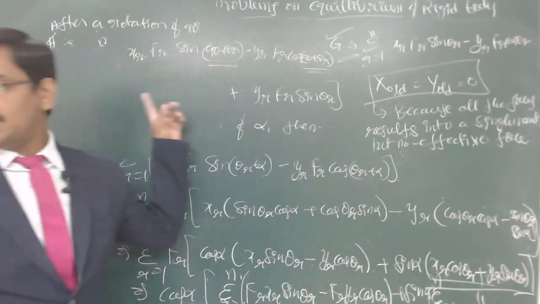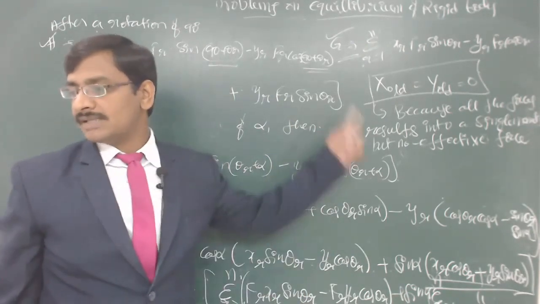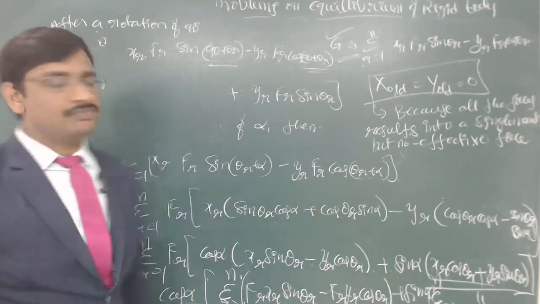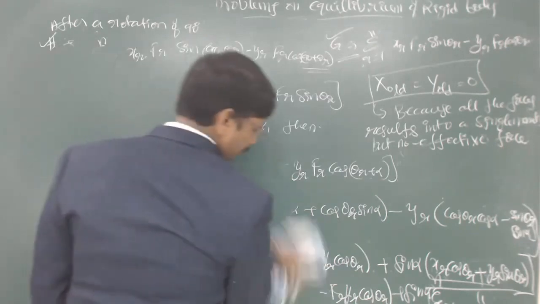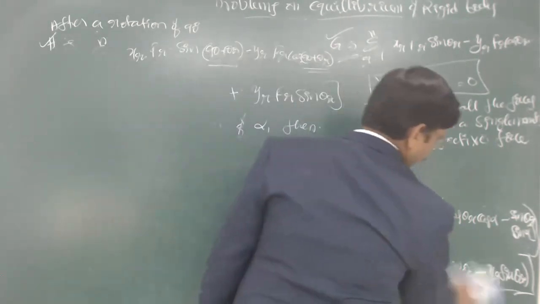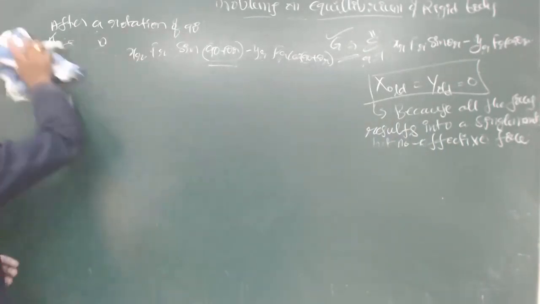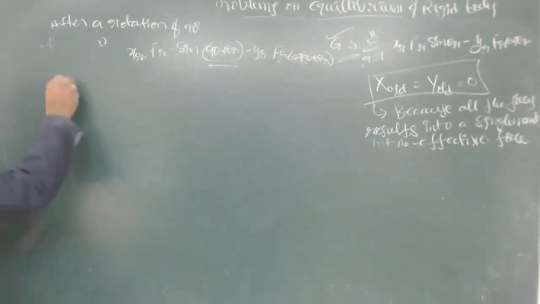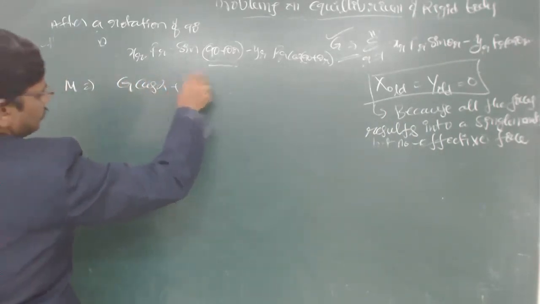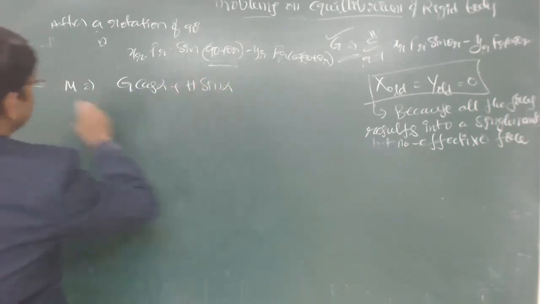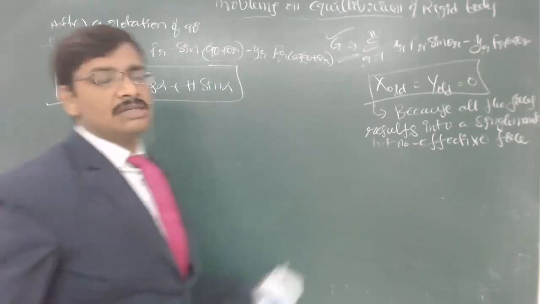Now this resulting moment M can be treated as cos alpha into G plus sin alpha into H. Got it? So M is equal to G cos alpha plus H sin alpha. So this is the resulting moment. Got it? That's what he asked us to prove.